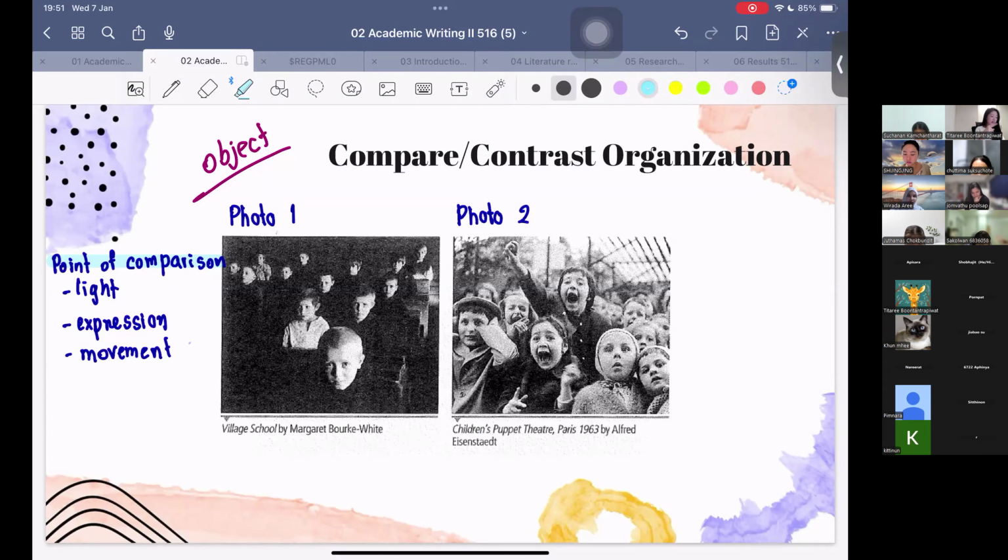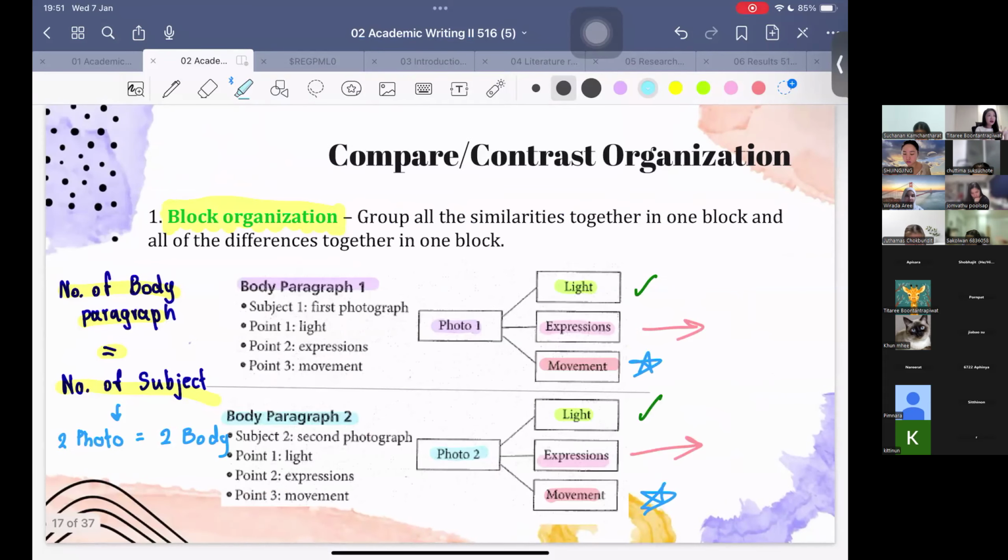The second thing I'm going to compare is the expression in photo 1 and photo 2. And the last thing is the movement in photo 1 and the movement in photo 2. So the points of comparison that I choose here are light, expression, and movement. Take this as an example to help you see the structure of the paragraph better.